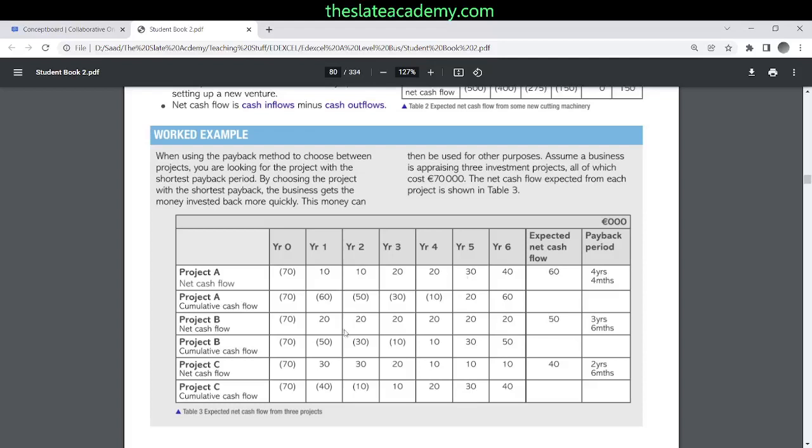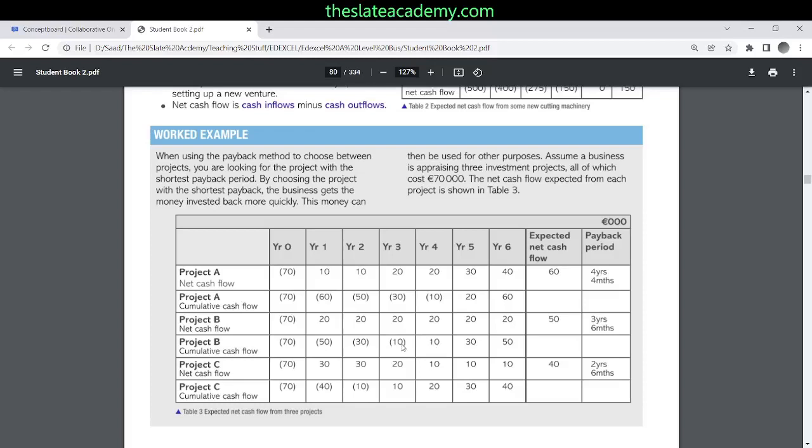Alright, same for the next project. Initial outflow was 70. Then in the first year they got 20. The cumulative cash flow became negative 50, then negative 30, then negative 10, and this year it became 10. So in between this negative 10 and positive 10, there would have been a time when it was 0.